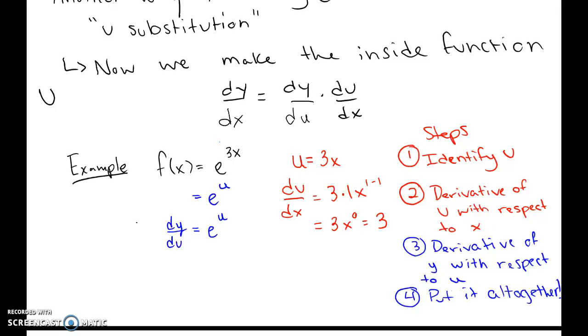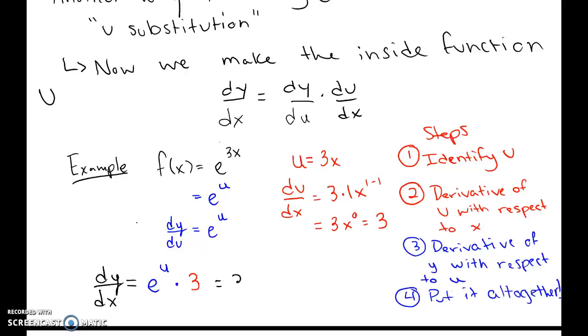So we put it all together and we've got dy dx, the derivative of our whole function with respect to x, is equal to our dy du, e to the u, and we've got our du dx, the derivative of u with respect to x, which was 3.